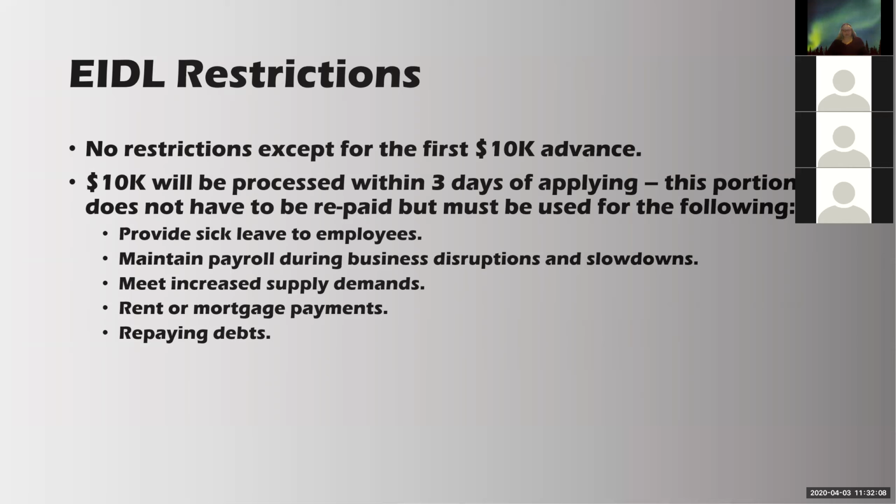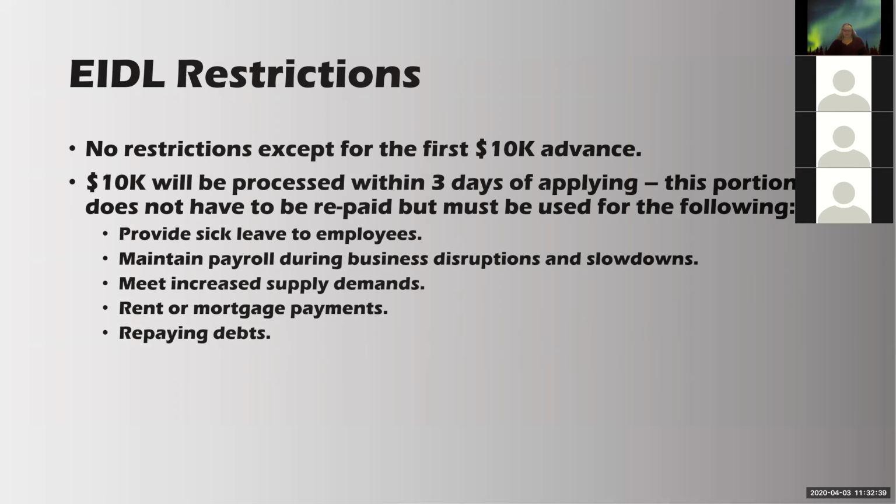Now the first 10,000 does not have to be repaid, but it has to be used for one of the following. It has to be used to provide sick leave to your employees, maintain payroll, so it can also be used the same as the PPP loan. Increased supply demand. So if you're having a hard time keeping the shelves stocked, then you can use this.